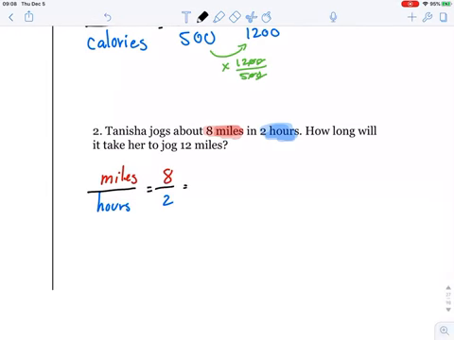Okay. And it says how long will it take her to jog 12 miles. Now, how long could be how much time or how many miles. So I had to read all the way down. They give me 12 miles. So 12 miles is over here. That's given information.